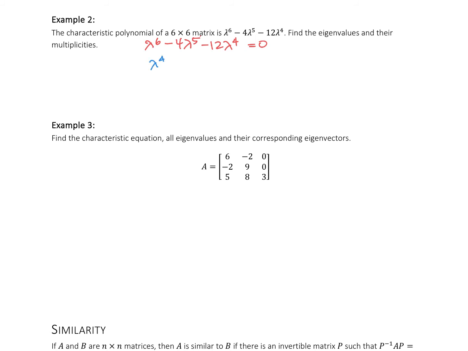I can take my lambda to the 4th out, so I get lambda squared minus 4 lambda minus 12. No more lambdas. Took it out. Equals 0. And then I can factor this quadratic here into lambda minus 6, lambda plus 2, right? So my eigenvalues are not always going to be positive values. So far, they've been pretty, I mean, they could be anything, honestly.